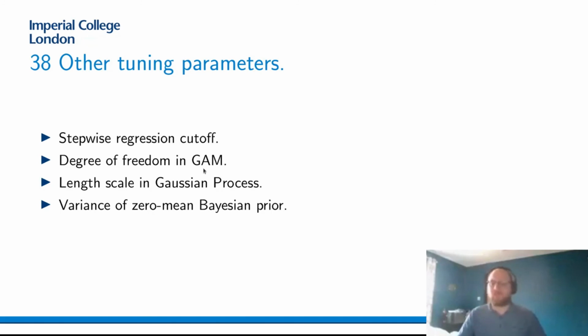For people that have used GAMs, we often have a degrees of freedom parameter that determines how wiggly the GAM is. Gaussian processes typically have a length scale that again determines how wiggly they are.